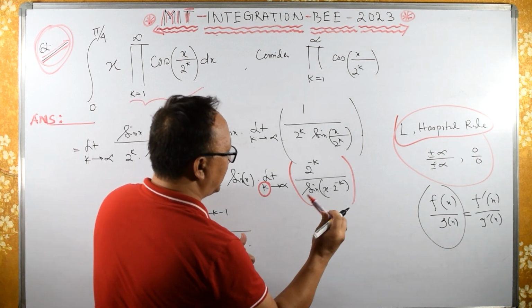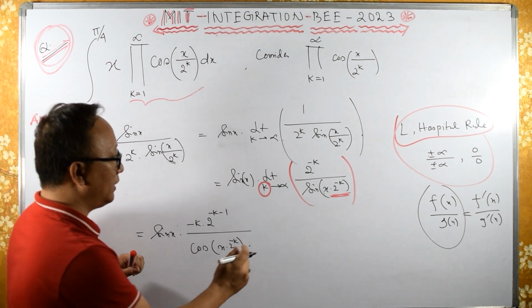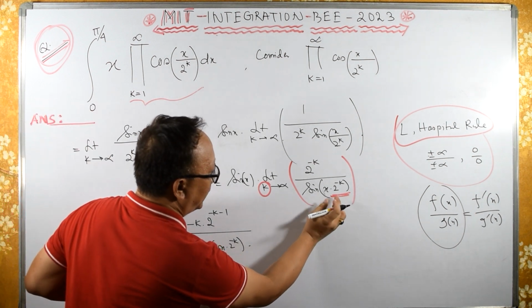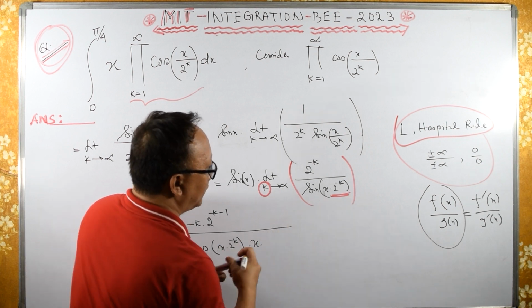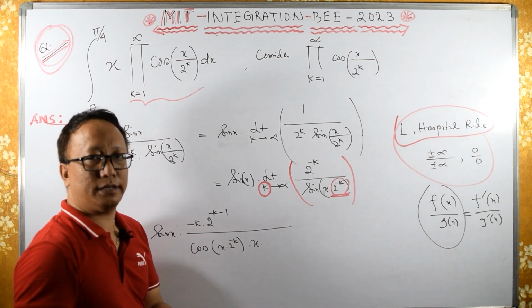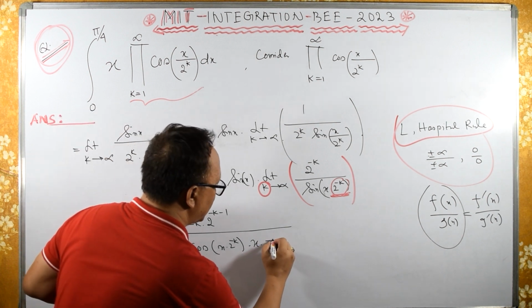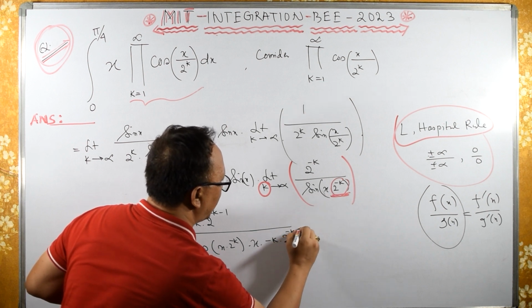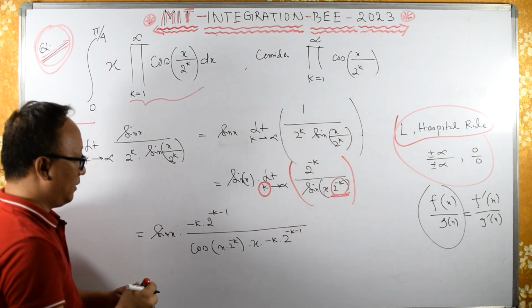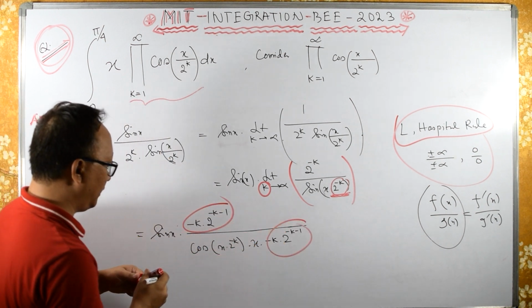Again I need to differentiate this with respect to k. Now x becomes a constant. So I'll get minus k into 2 raised to minus k minus 1. Now this term and this term get cancelled.